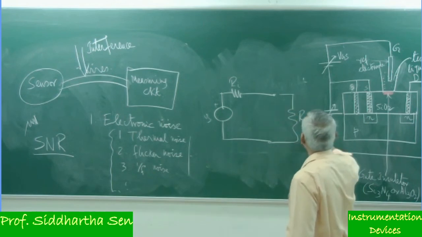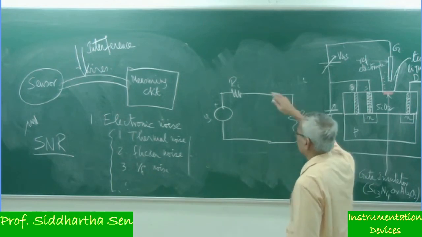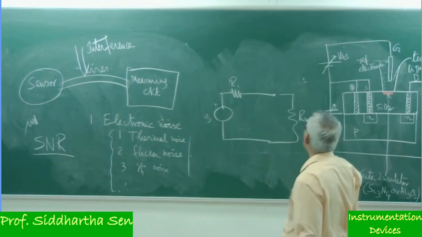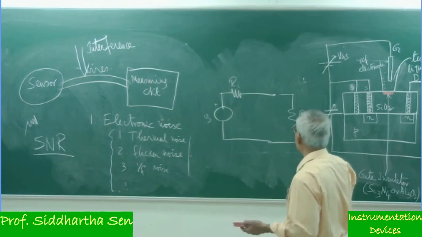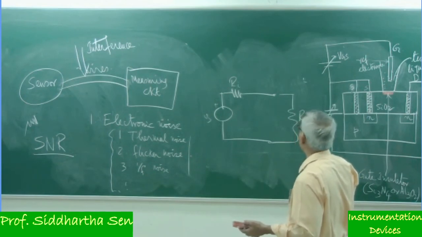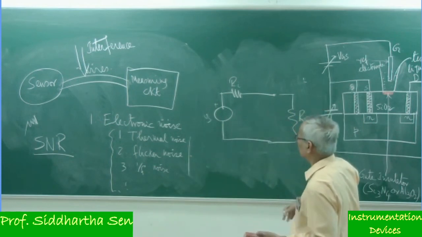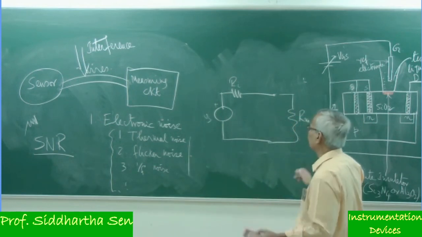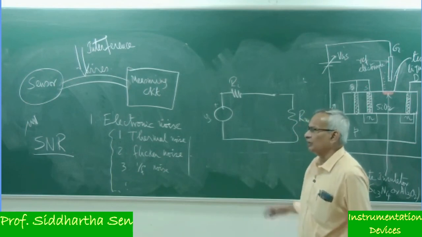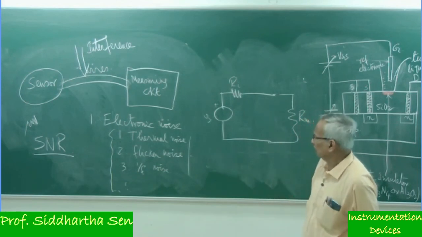So if we are not selecting Rm, that is the measuring circuit, properly, we may not be able to get any signal out of it. The sensor may be good, but if the signal conditioning circuit is not appropriate for it, that may cause deterioration of the voltage.